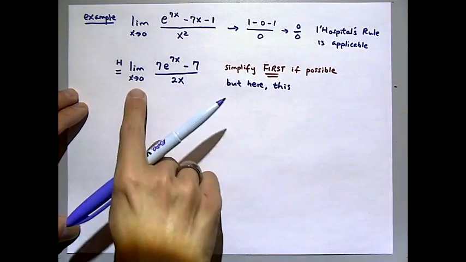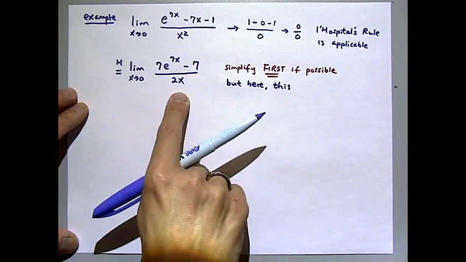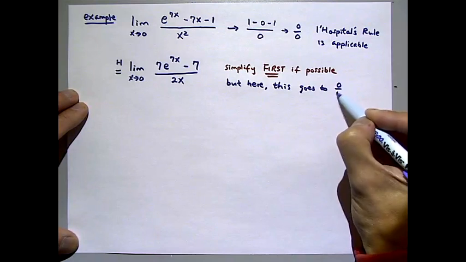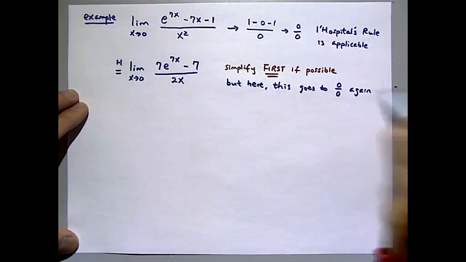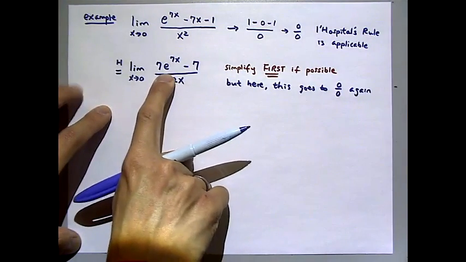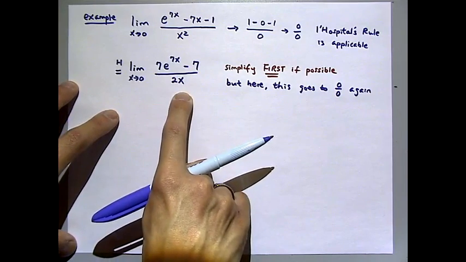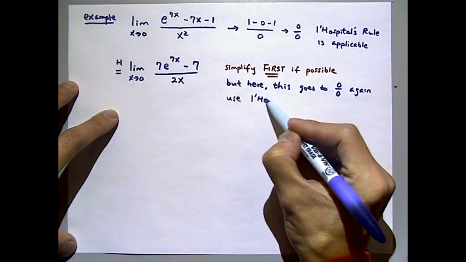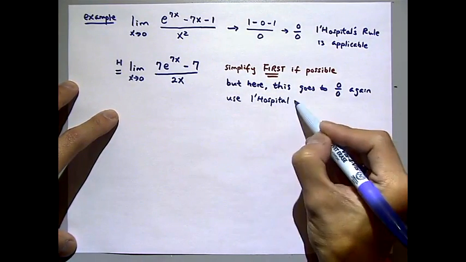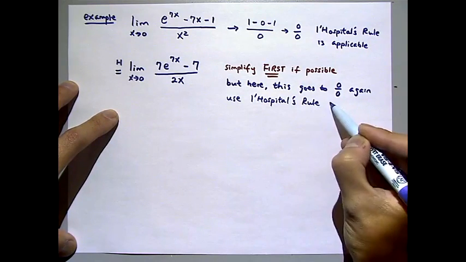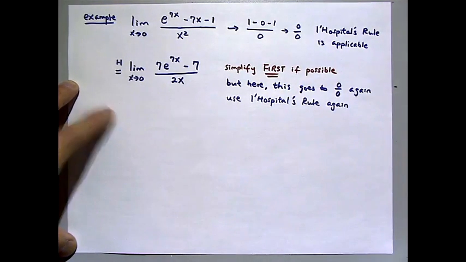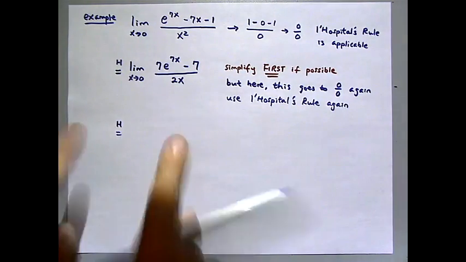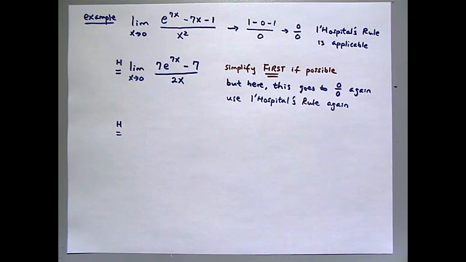But here, notice that when x goes to 0, this goes to 0 over 0 again. Right? This is 7 minus 7 over 0. And therefore, we're going to use L'Hopital's rule one more time. Okay, so now look at this thing here. I apply the rule one more time.